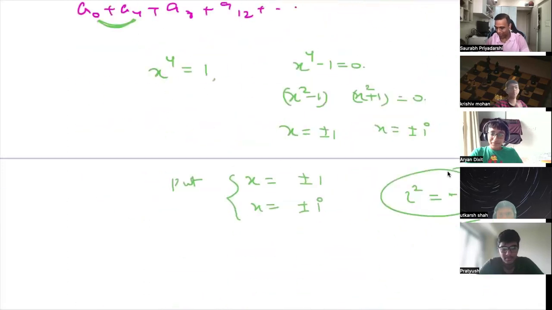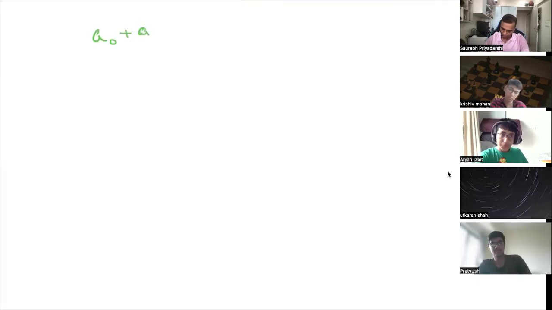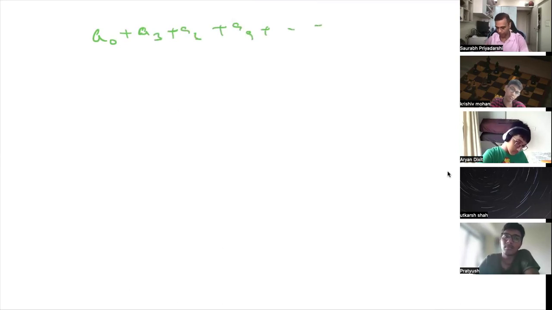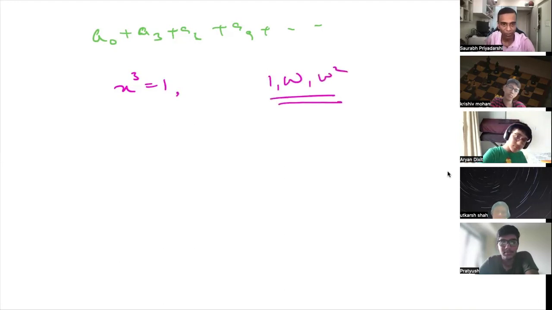If I give you the question a0 plus a3 plus a6 plus a9 and so on, what values do we have to put? So x cube is equal to 1, which means there are 3 roots: omega, omega square and 1. Very good. Every time the question itself will give you the hint of what you have to put.